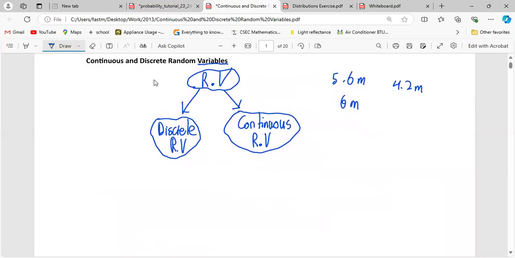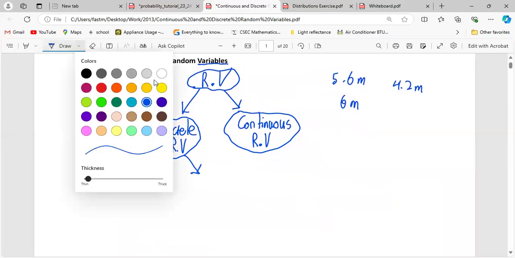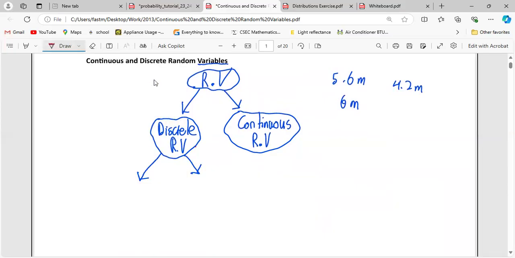Right? So for both of them, the two things that Miss will want you to get is the PDF, which is the probability density function. I'm not really feeling like writing out all these words. Density function.